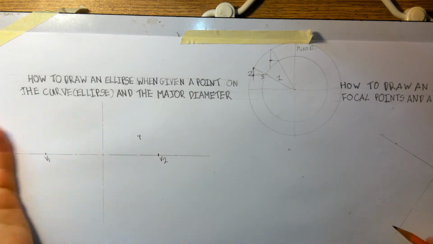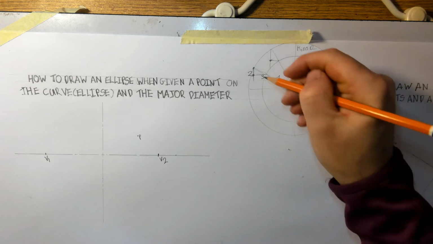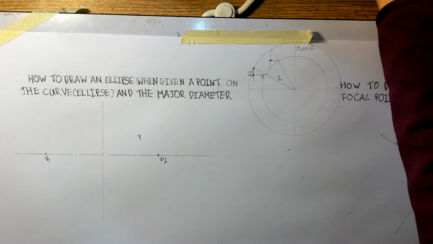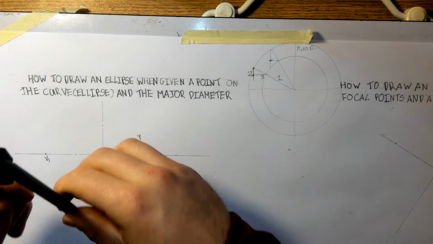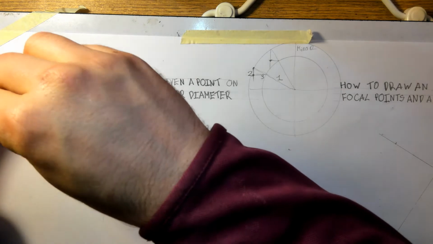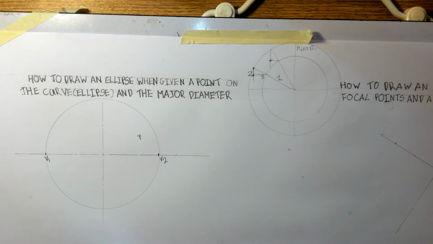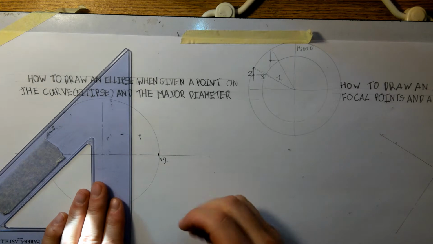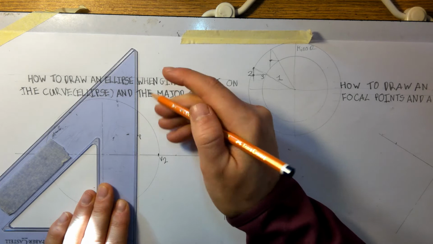Okay, now this is working backwards. So the first line was the sloped line, the second line was this one, number 2 here, and then number 3. So over here we're going to draw in our major circle, and then from P we're going to go parallel to the minor axis until we hit the major circle.